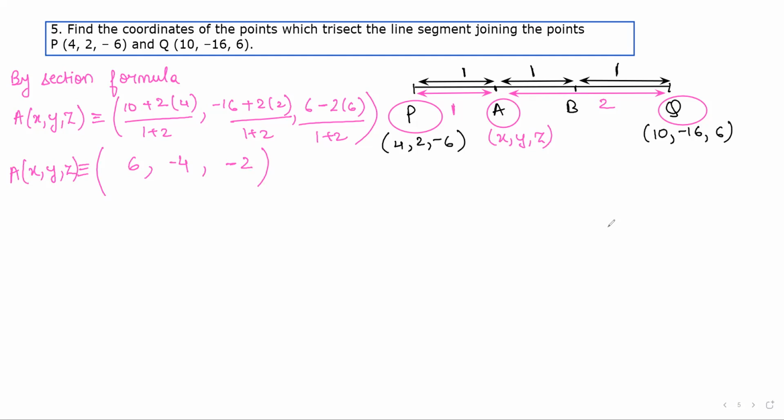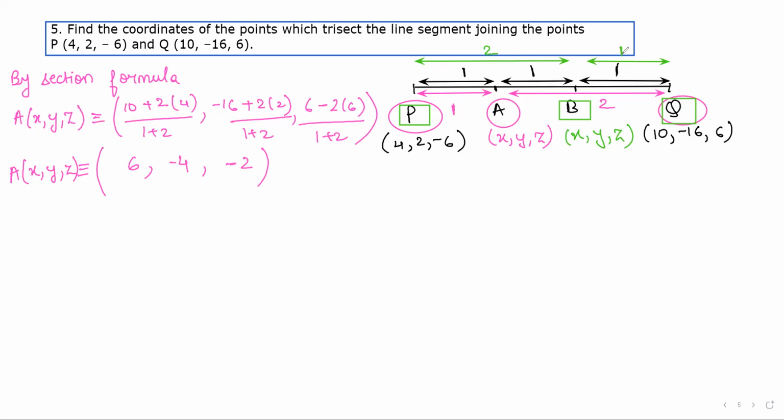Now, what you'll do is you'll forget that A exists and you'll only consider the point P. Now you'll consider points P, B, and Q. Again, let these coordinates be x, y, and z. So your point B will divide this PQ in the ratio 2:1.